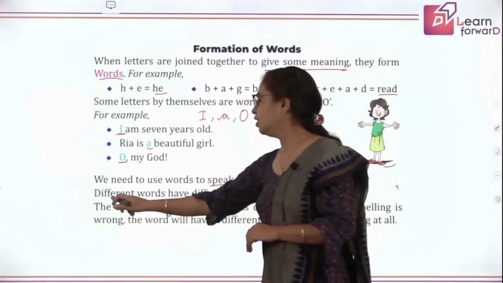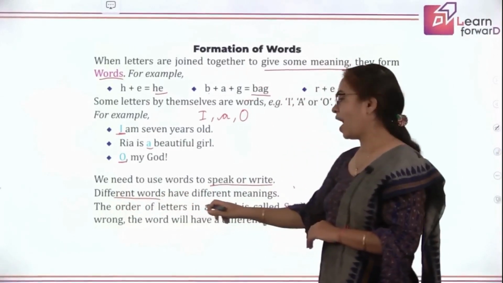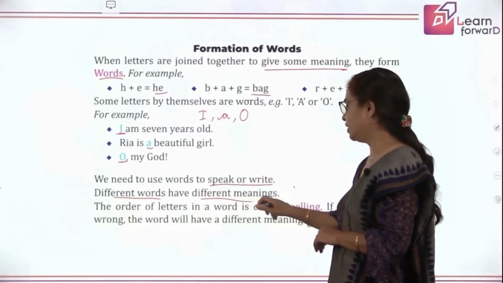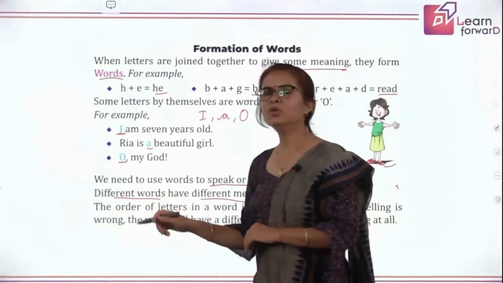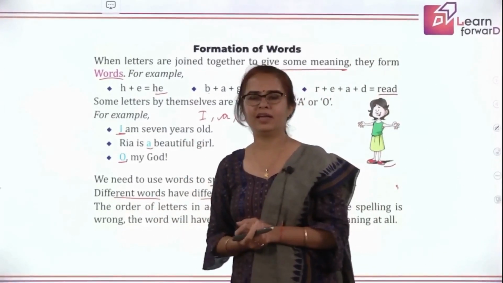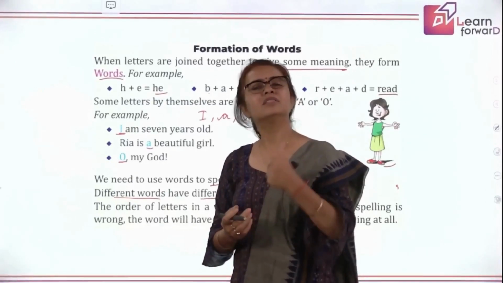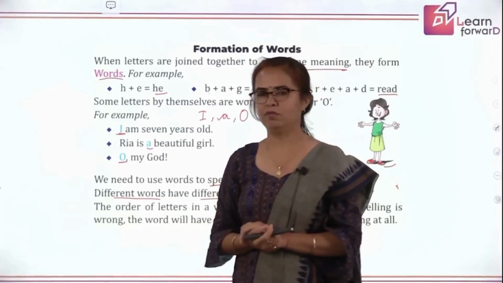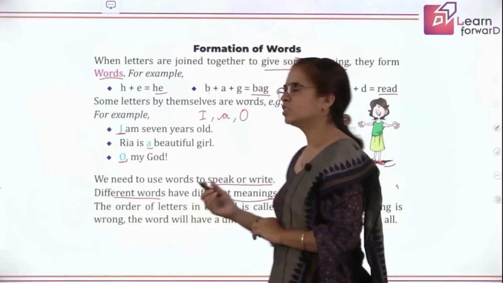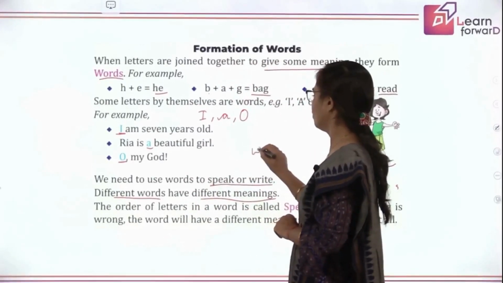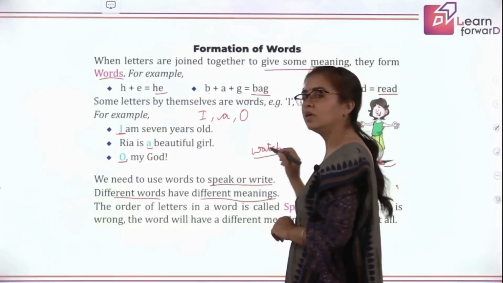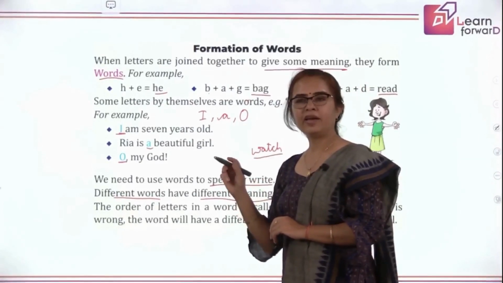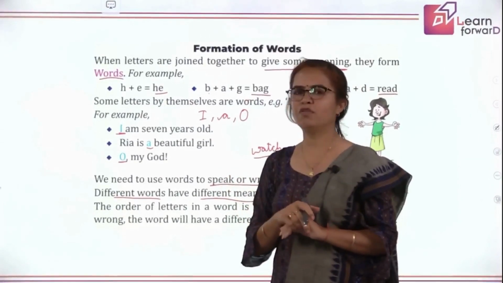Yes. So we need to use words to speak or write. And different words have different meanings. Good. And you know, sometimes, although you will learn ahead, let me tell you, sometimes a single word might have more than one meaning also. Just for an example, just for your reference, what is this? This word is watch. And can somebody tell me what's the meaning of watch?